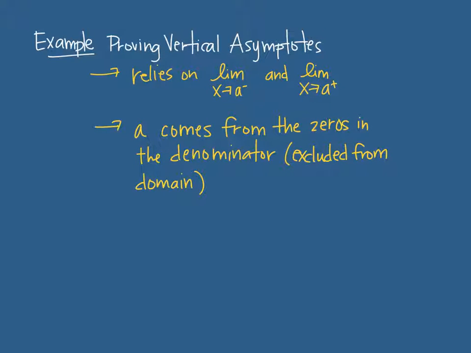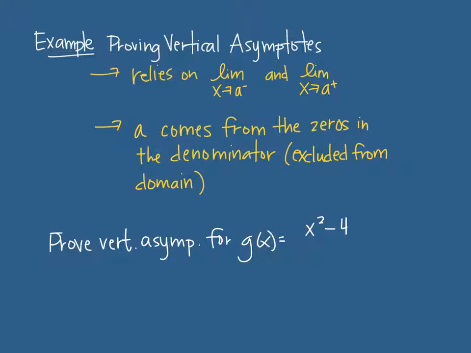Okay, so let's do an actual question. We're going to prove the vertical asymptotes for the following function: x squared minus 4 over x cubed minus 2x squared minus 9x plus 18.